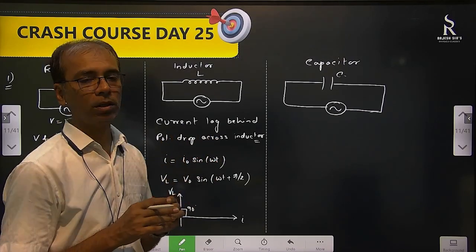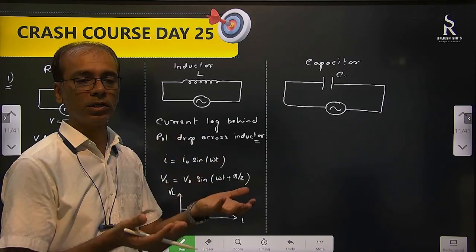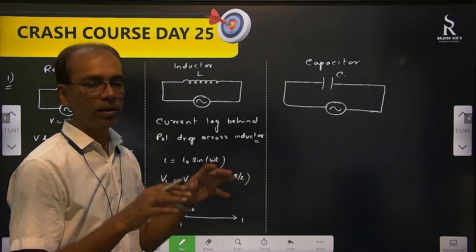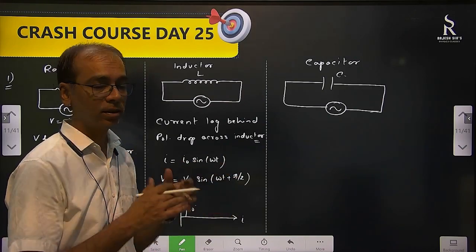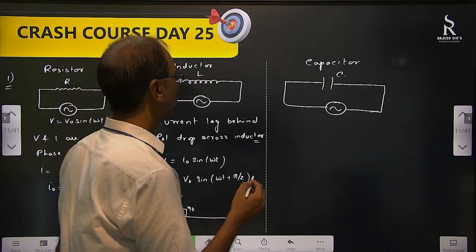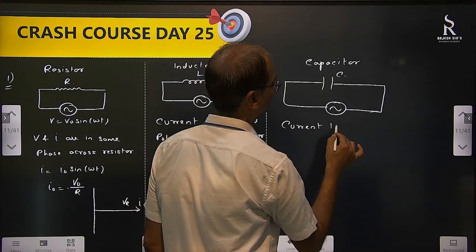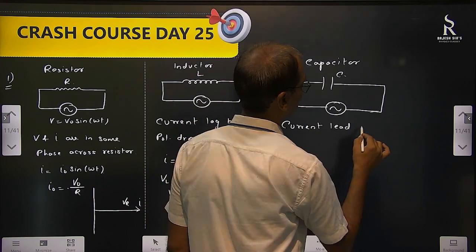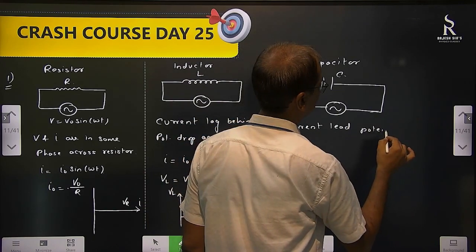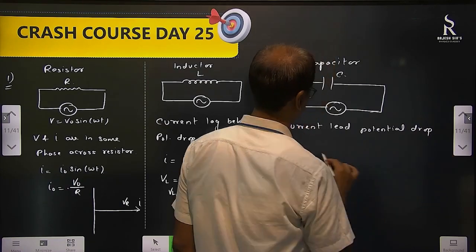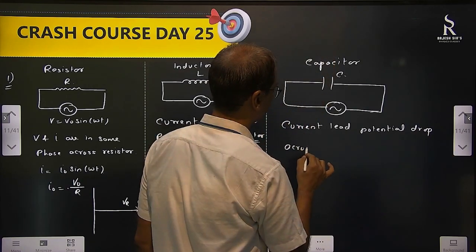What about potential? When it is charged, then potential will come. So first charge deposits, then potential will come. So first current, then potential. So in this one, current leads potential drop across capacitor.